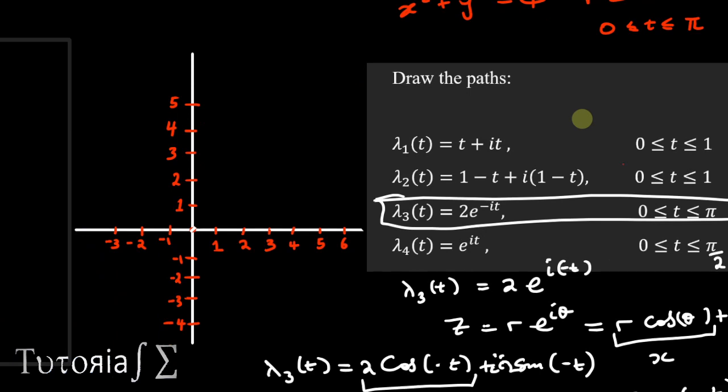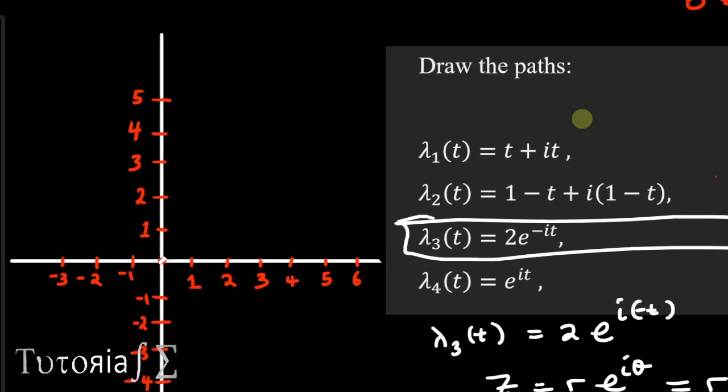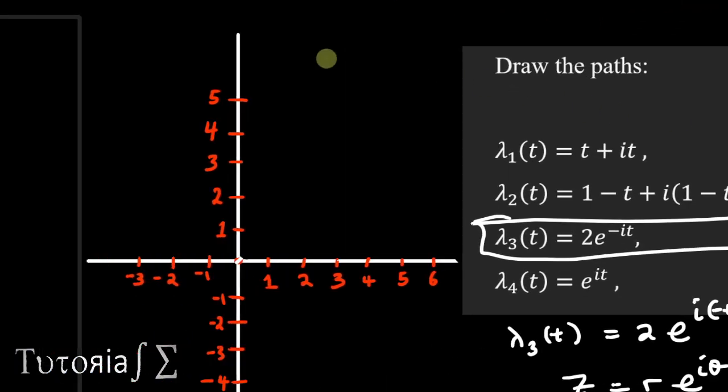So I can just make a simple sketch here of the circle. The radius is 2, so from 0 to 2, that is the radius. So this would be a semicircle, and I can get my compass and draw.